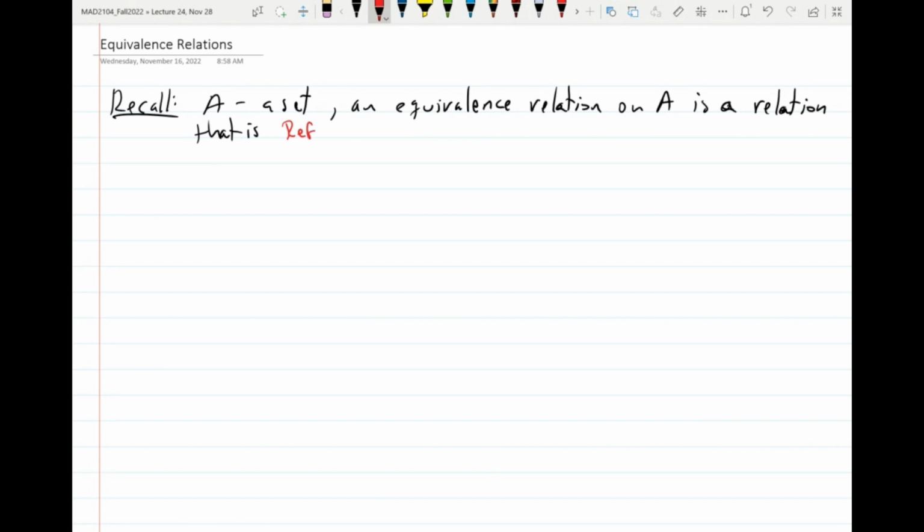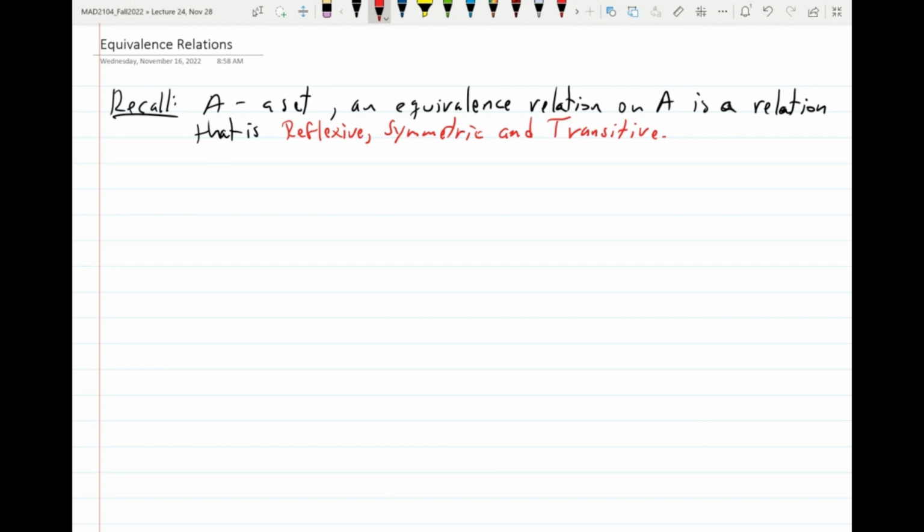It's reflexive, symmetric, and transitive. Okay, that's what an equivalence relation is. And you're going to see pretty soon why we're interested in equivalence relations.